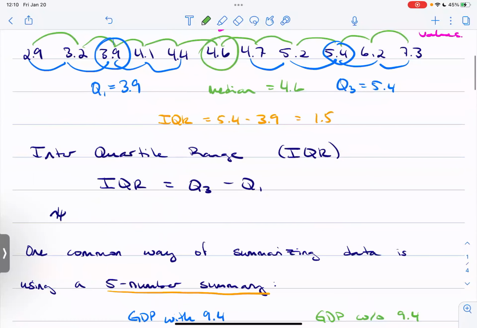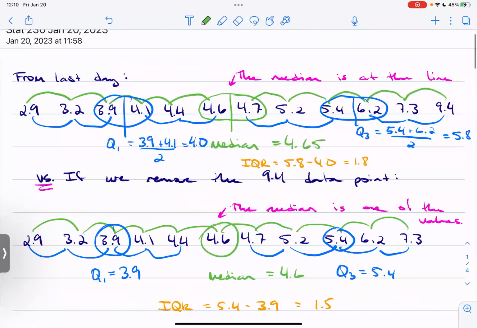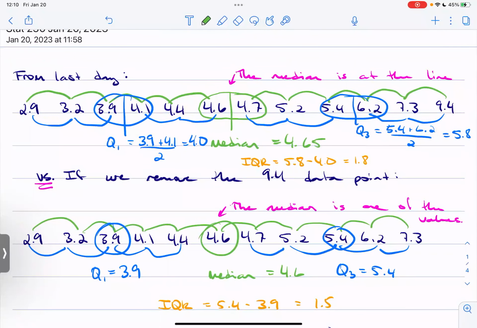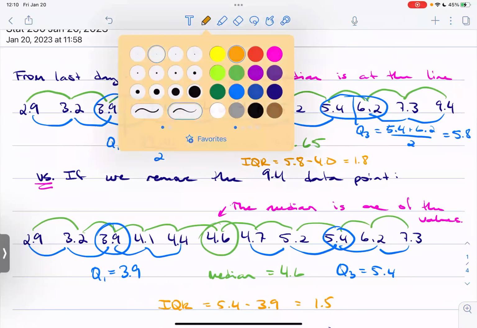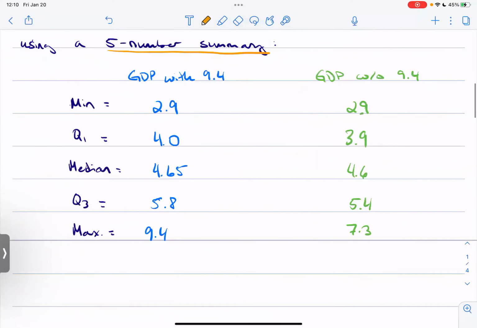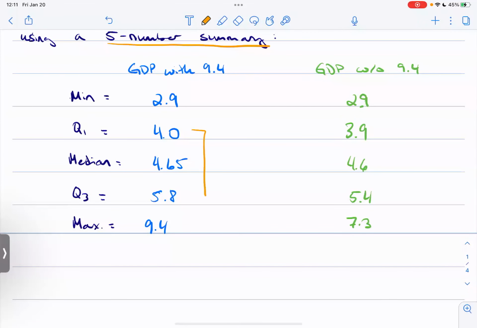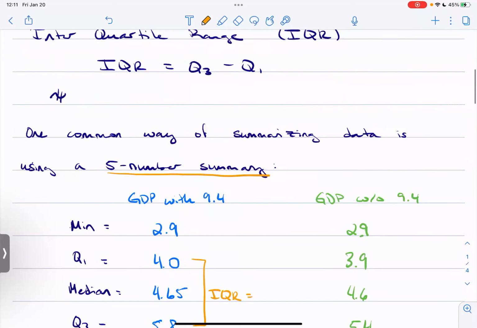So now I have these 5-number summaries for each of them. I'm also going to jot down the interquartile range for each of them, just so we have all this information. The interquartile range in the first one was 1.8, I think.